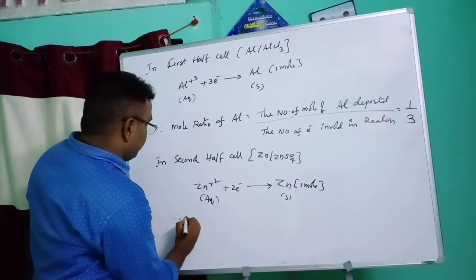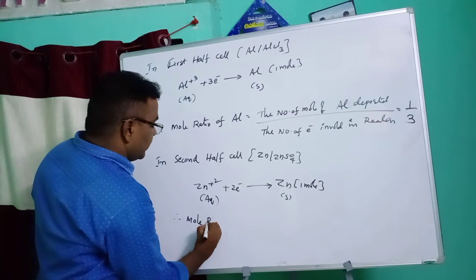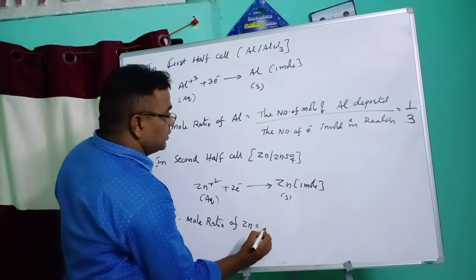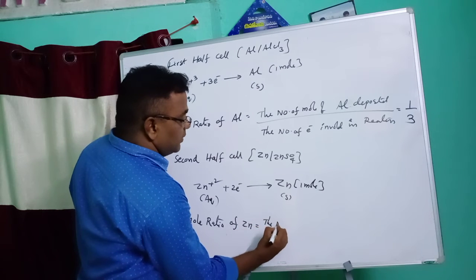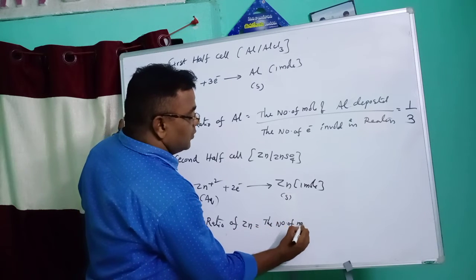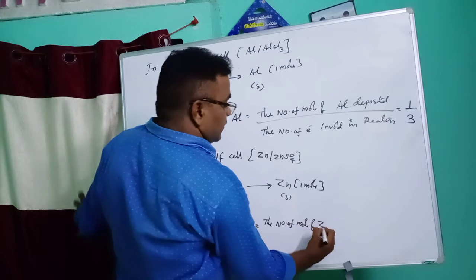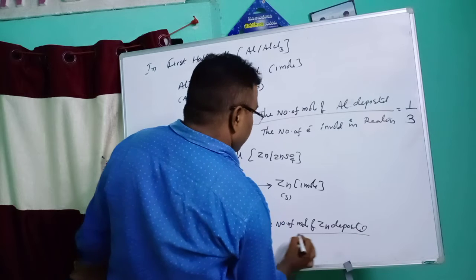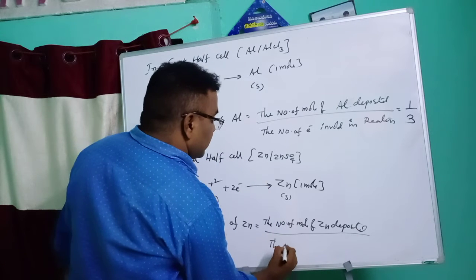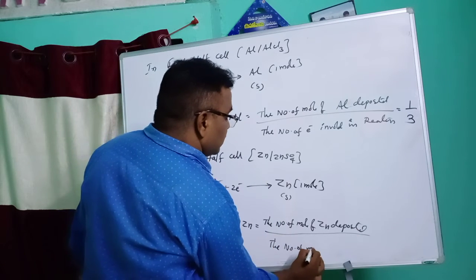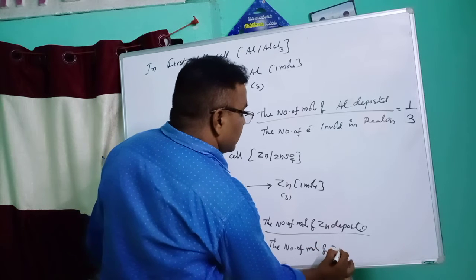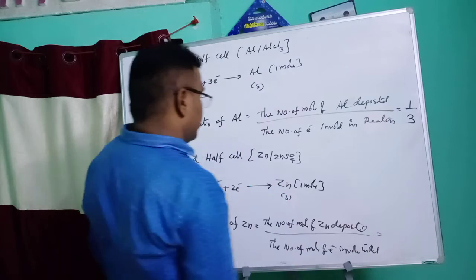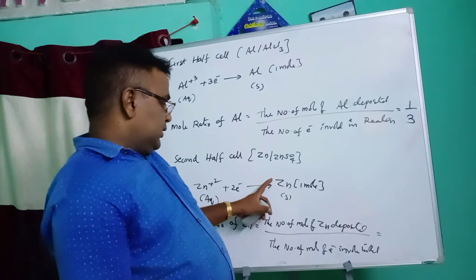Therefore, the mole ratio of zinc is equal to the number of moles of zinc deposited by the number of moles of electrons involved in the reaction.